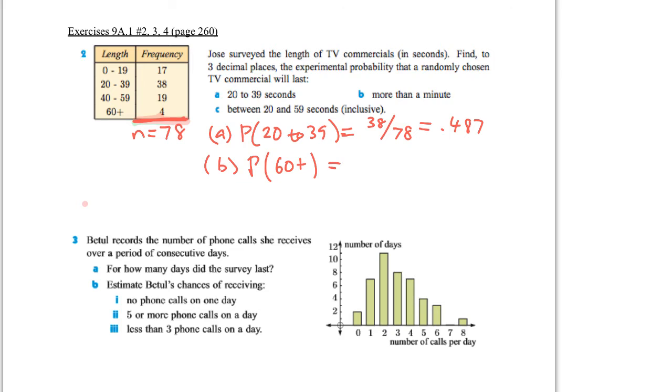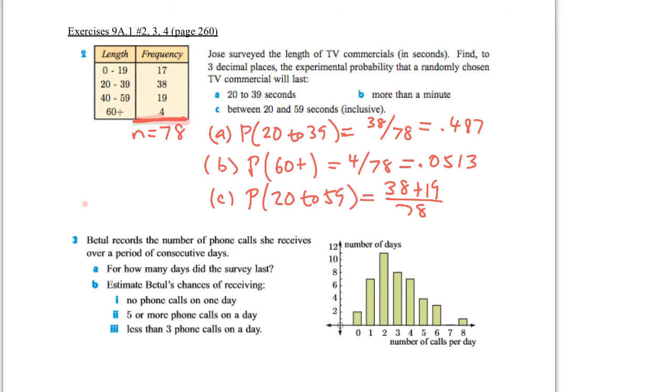And for that outcome, that was only 4 out of 78, or as a 3 sig fig decimal 0.0513. And then 20 to 59 seconds, we'd have 38 plus 19 out of the 78, or 0.731 to 3 decimal places.